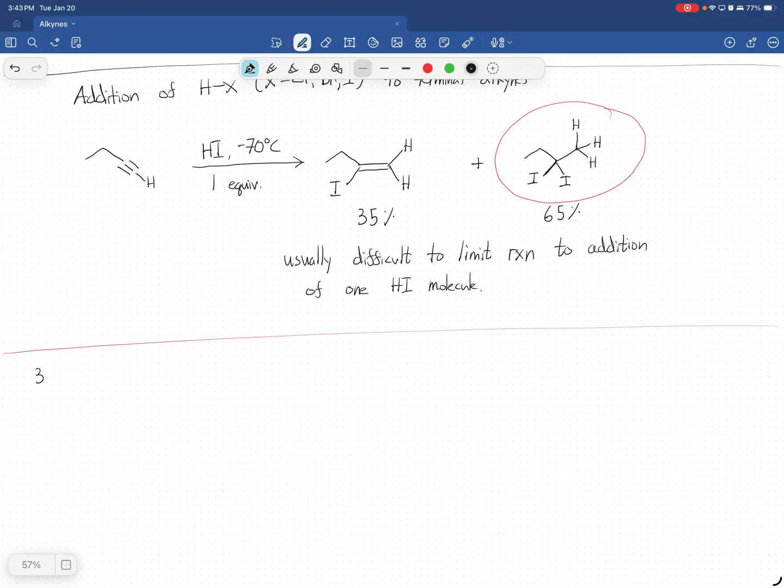All right, let's go with reaction type 3, Anti-Markovnikov Addition. All right, so this only works with HBr. We saw that with HBr last time with alkenes, so 2 terminal alkynes.